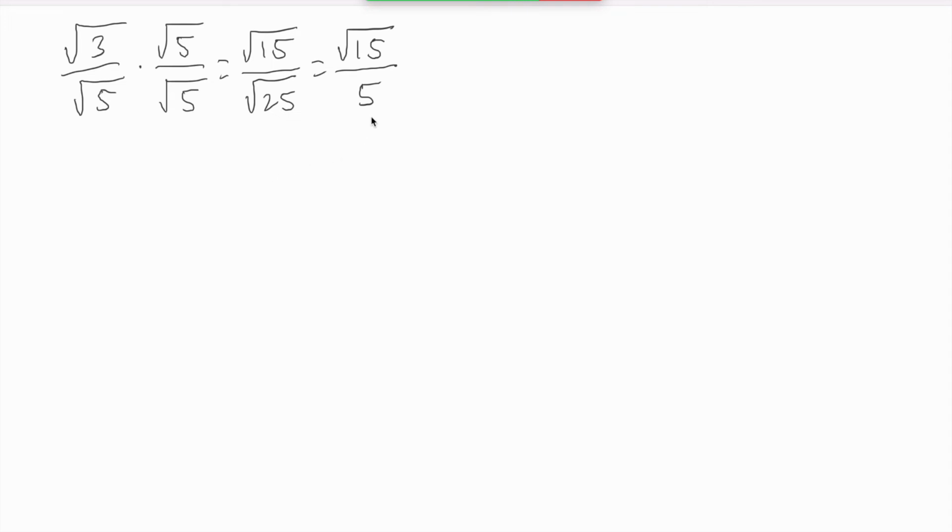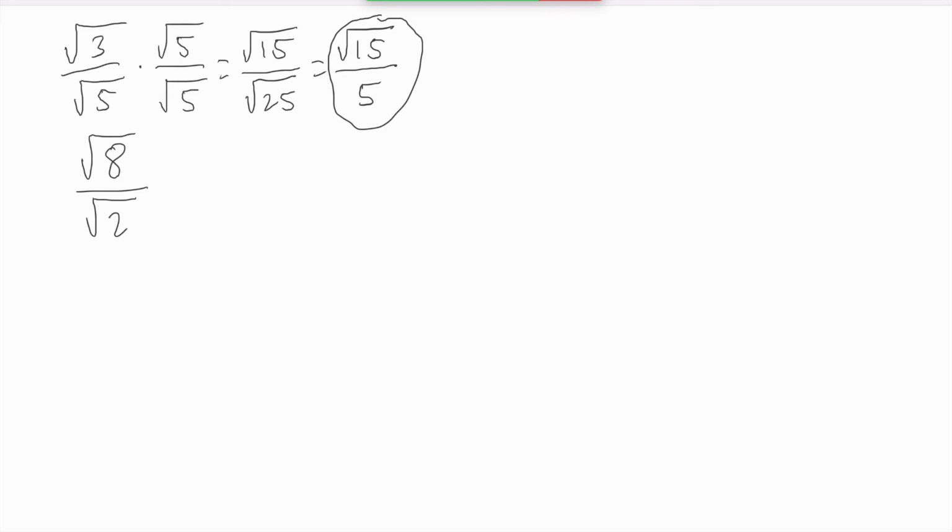Always will be that case. And you can't simplify that anymore. The square root of 15 and 5 cannot simplify anymore. One is a square root, one is not. So they can't simplify, they can't reduce. This is your answer.